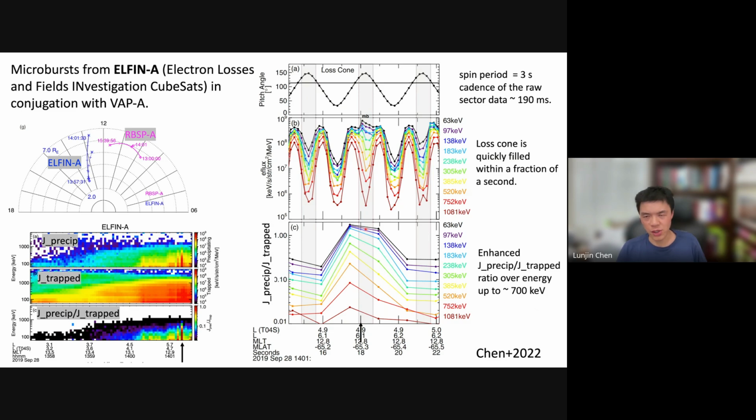And then the flux ratio can exceed a value of 1, meaning at this instant, for those low energy ranges, the electron flux inside the loss cone can be greater than the flux outside the loss cone. And that is something that cannot be achieved by quasi-linear theory. So we know for sure you need to take into account the nonlinear process in order to account for this flux ratio exceeding 1.